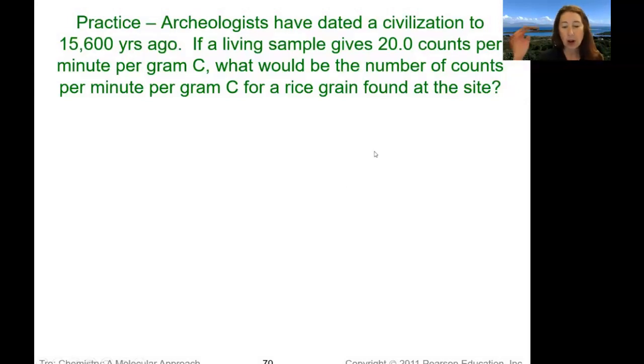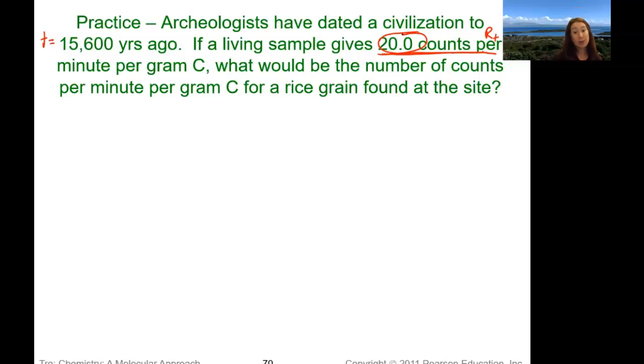This is really fun. An archaeologist has dated a civilization to 5,600 years ago. If a sample gives 20 counts per minute per gram carbon, what would be the number of counts per minute per gram carbon for the rice grain found at the site? This time they're giving us T, and at some time T the rate is 20 counts.